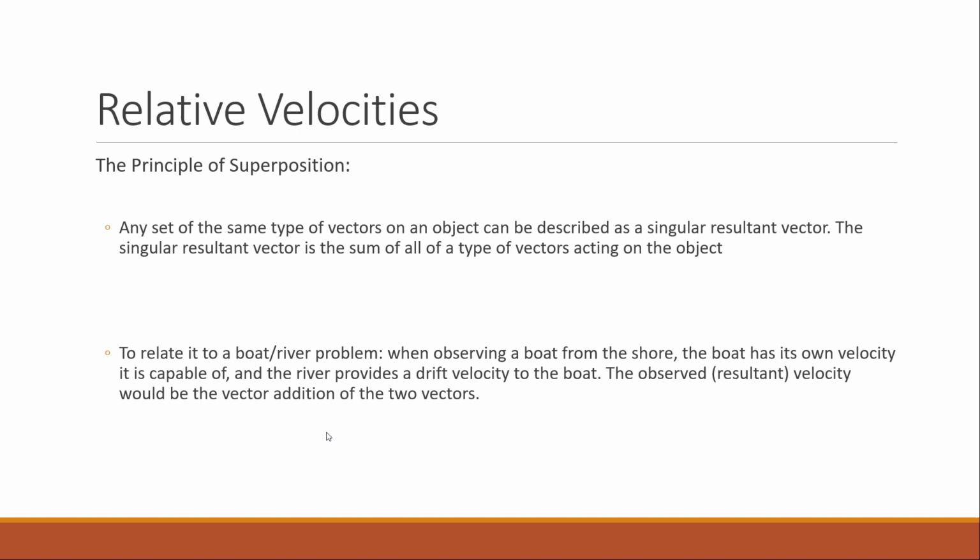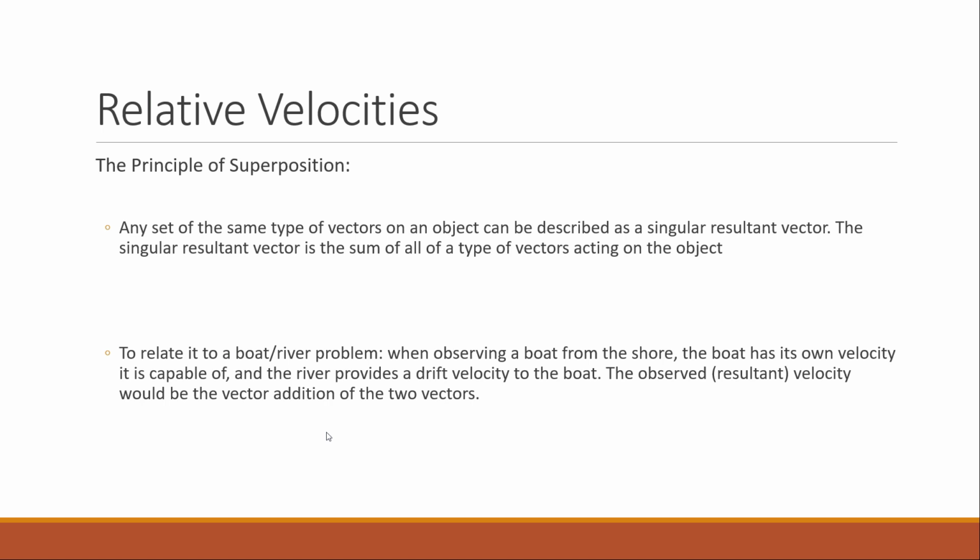But the understanding is simple, even if the application can be a little complicated. And this is a beautiful thing that applies to all of physics. We're going to use it explicitly when we're dealing with our relative velocities, which is going to be talking about viewing things from a particular frame of reference.